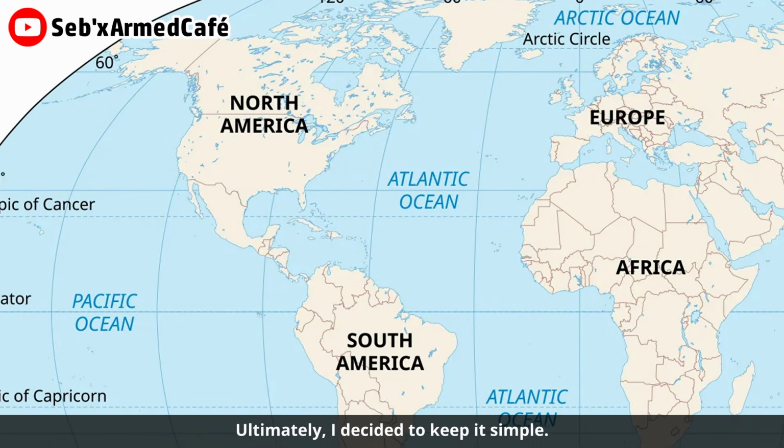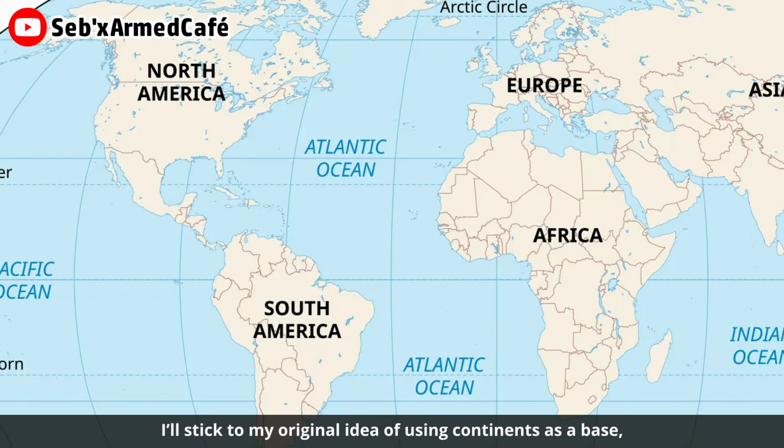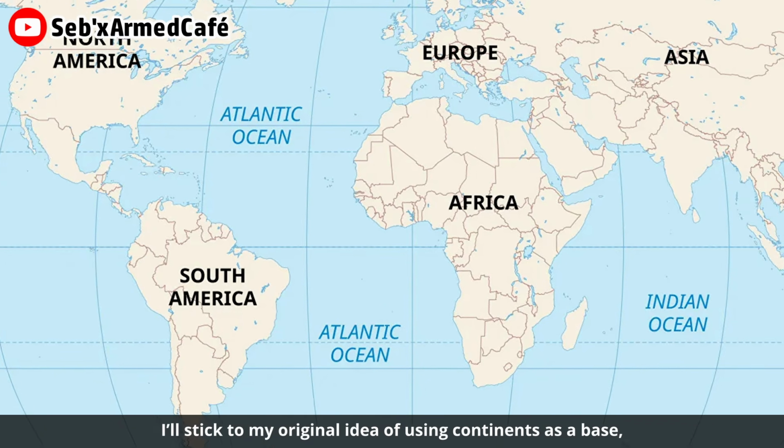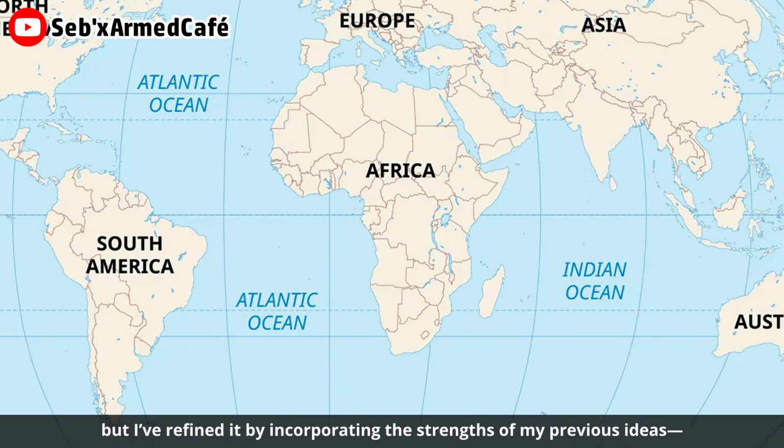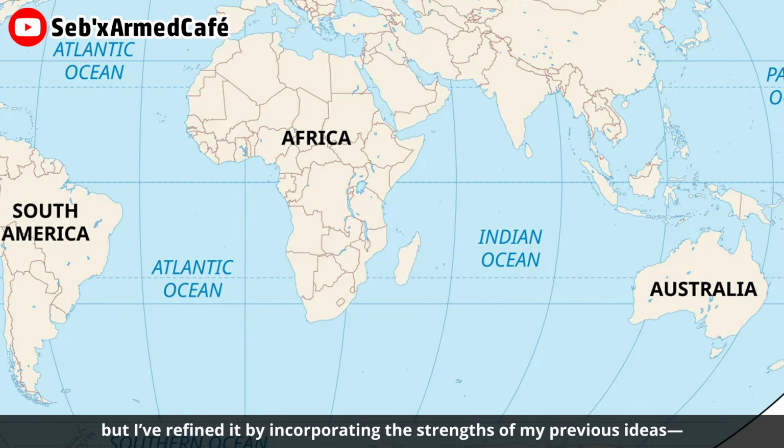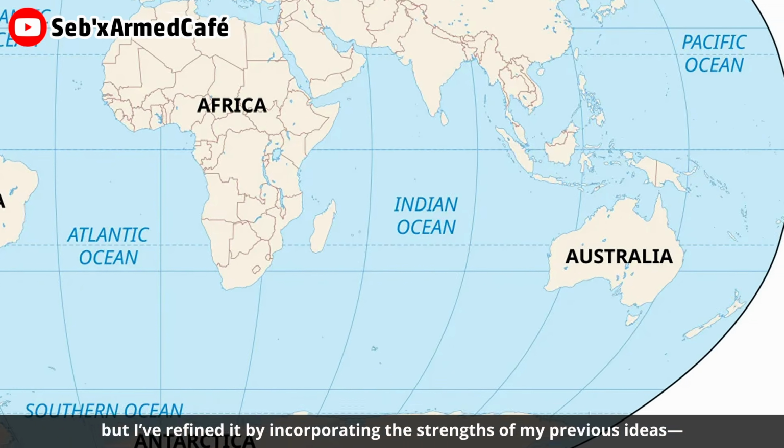Ultimately, I decided to keep this simple. I'll stick to my original idea of using continents as a base, but I've refined it by incorporating the strengths of my previous ideas.